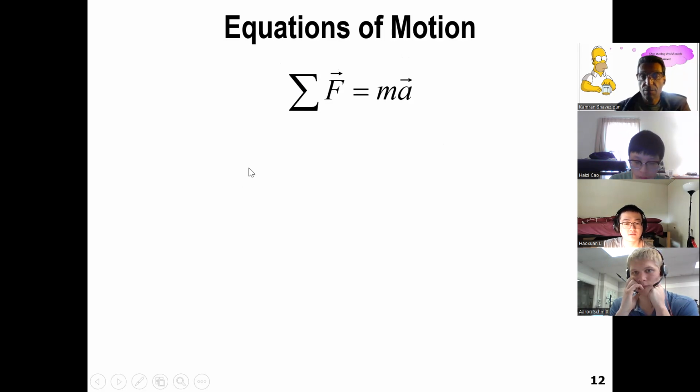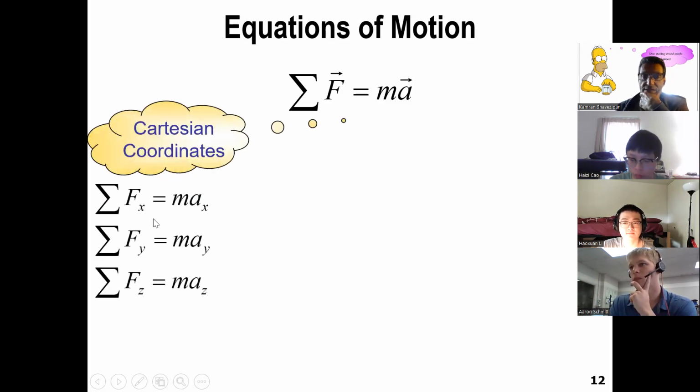And I think I briefly explained, because the kinematics of particles was handled by 3 coordinate systems, it might be a good idea to handle the kinetics of particles using the same systems, because it will help you to understand the acceleration. If that's the case, you can divide force vector and acceleration vector into X and Y and Z in Cartesian coordinate system.